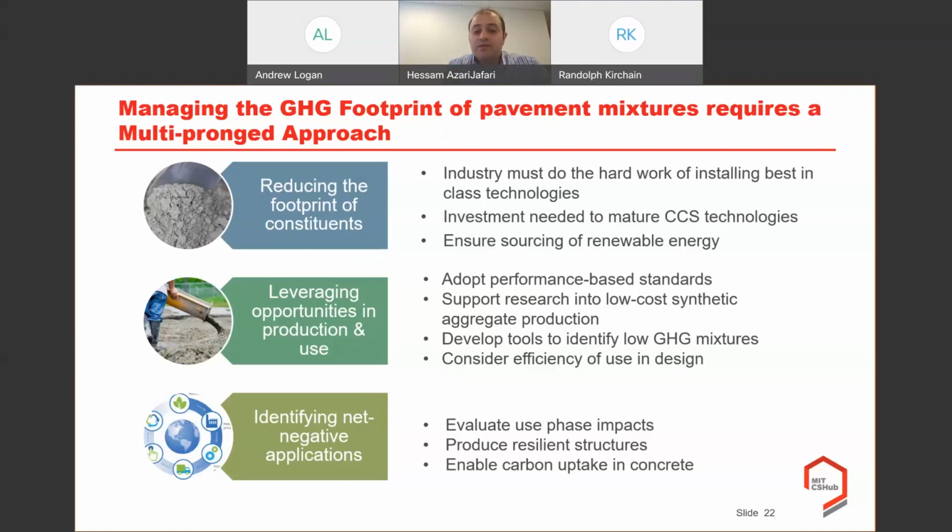And evaluating the use phase impact is very important. If we implement this carbon capture utilization, are there any consequences related to the performance of the mixtures? So we definitely need to have more insights about the use phase impacts and the longevity, or for example, the durability of the mixtures, and producing resilient structures that can resist major events in the future.